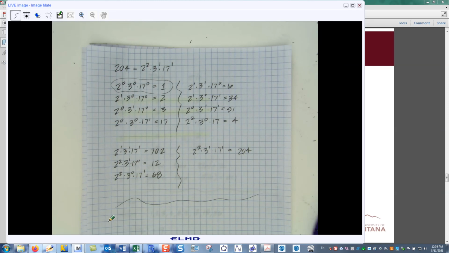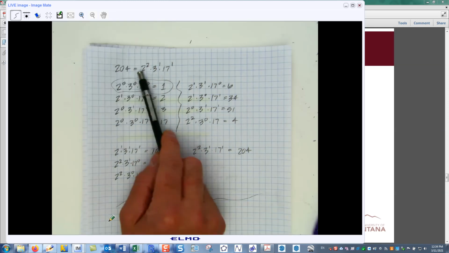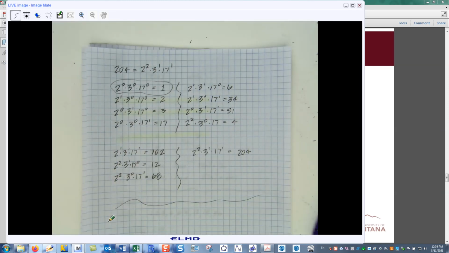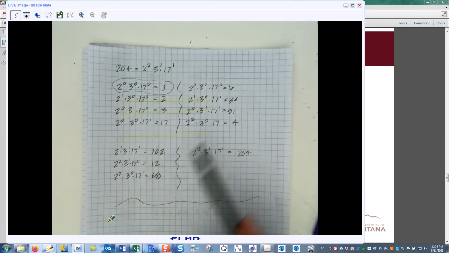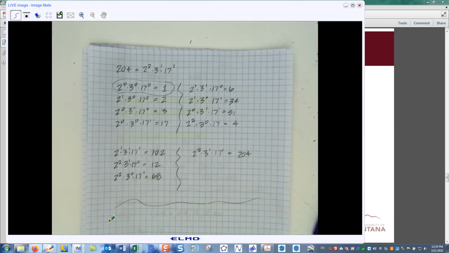And then even deeper, is there some way that we could look at the 2, the 3, the 17, the 2, the 1, and the 1, and compute the sum of all these divisors, without having to brute force go and find every single one of them and add them all together.